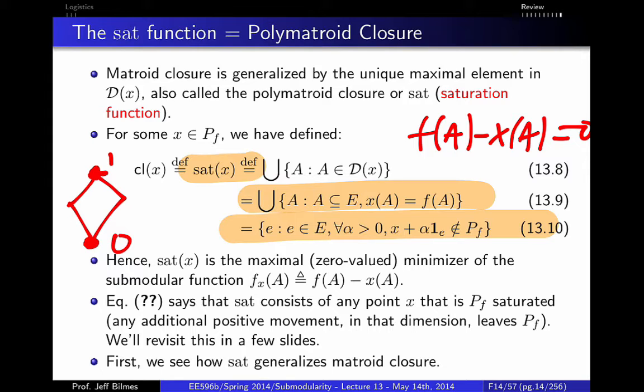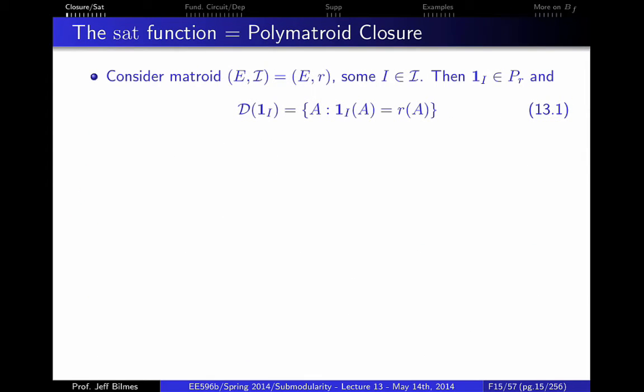So we're guaranteed there is a minimizer of that submodular function f of a minus x of a, which is equal to 0. And if there's an extremal point, we know that there has to be such as well, because it's generated by the greedy algorithm, and we know according to the greedy algorithm that we're tight on all of the chains. Okay, that's what we talked about last time.